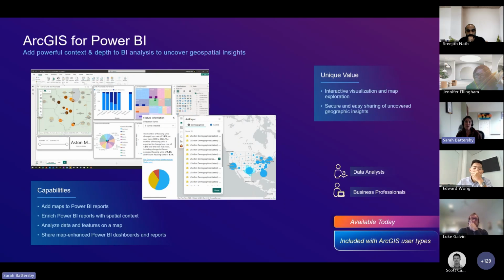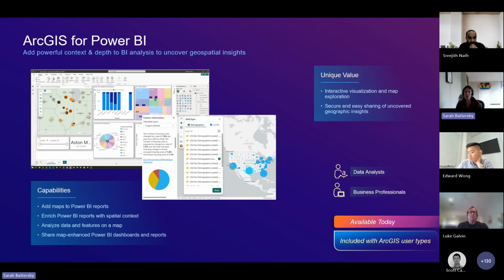Throughout reporting workflows, ArcGIS for Power BI lets you read spatial information from a data set or convert location information into features on a map by geocoding it or matching it to well-known geography. So this means that you can spatially enable data from your Fabric OneLake and do it within the Power BI experience. Within Power BI, the ArcGIS visual that you can add is fully interactive with other report components.